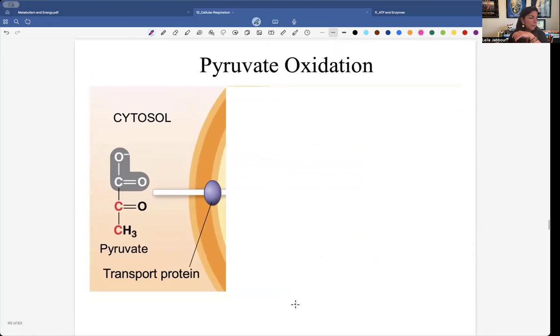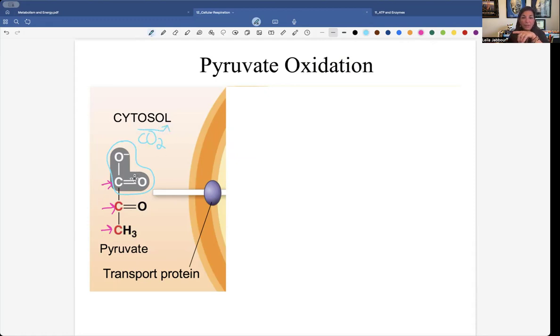So here's where pyruvate oxidation takes place. Right here, there's a transport protein in the inner membrane. Pyruvate is right here: 1, 2, 3 carbons. And I want you to follow these carbons. One of these carbons is going to turn into, and you can already see it, look at this, this is your CO2 gas.